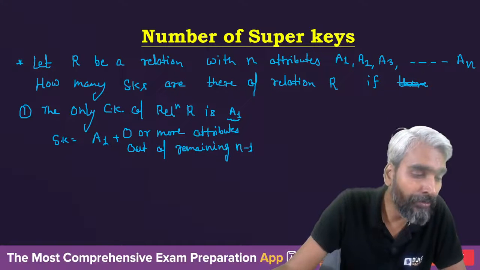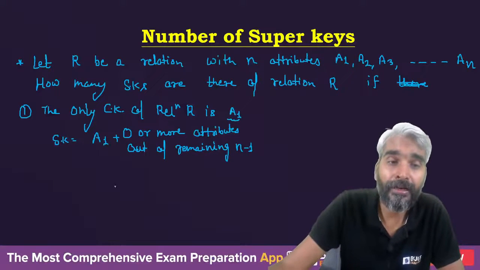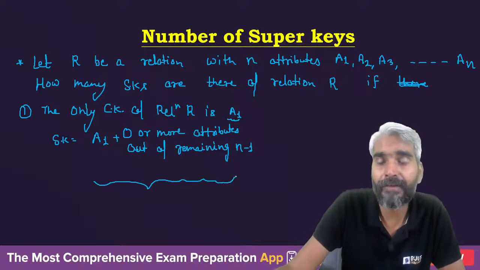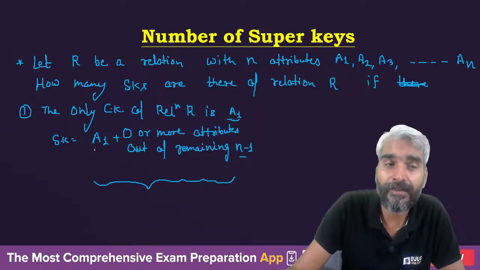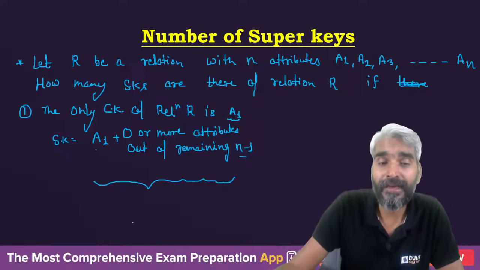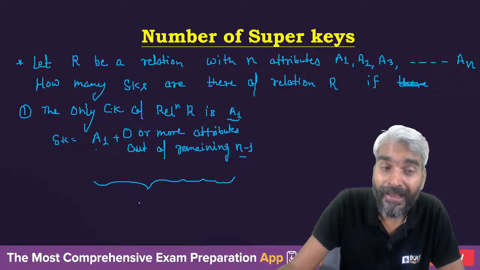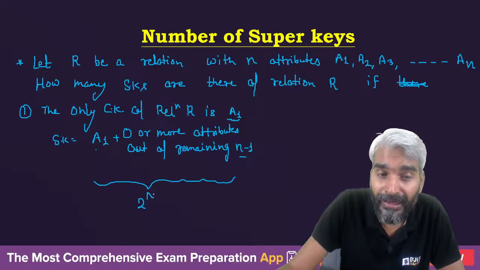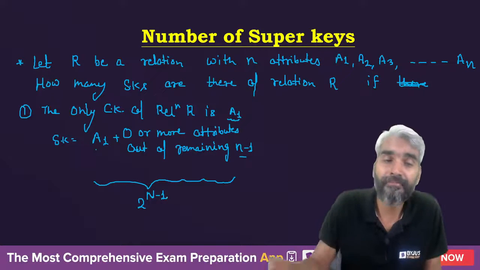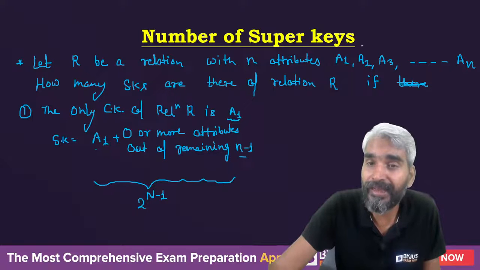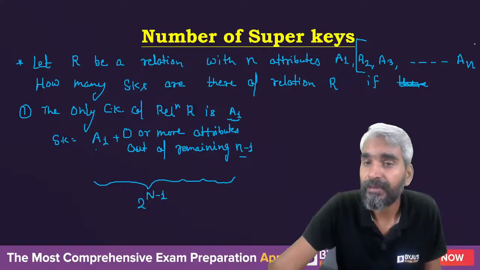In how many ways can we combine 0 or more of these n minus 1 attributes with A1? There will be exactly 2 raised to the power n minus 1 subsets of the remaining n minus 1 elements.